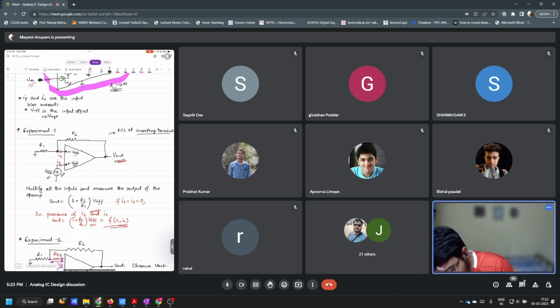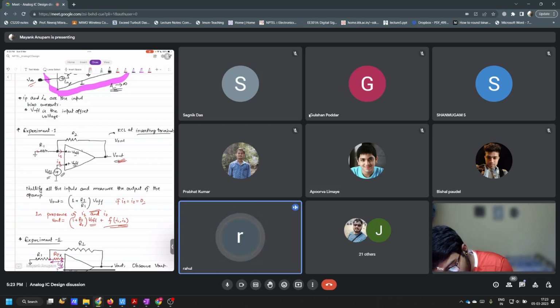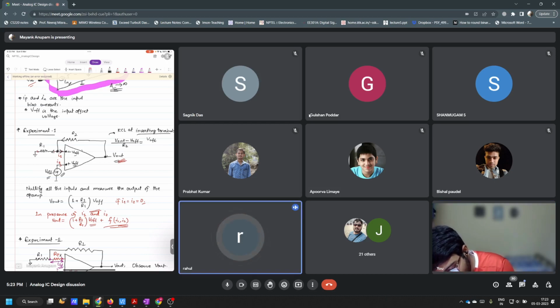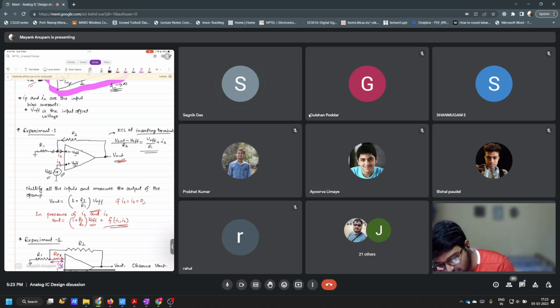Basically, the current through R2 should be equal to the current through R1 plus the current I1. So V out minus V offset divided by R2 has to be equal to V offset by R1 plus I1, correct? So this is the first KCL equation.